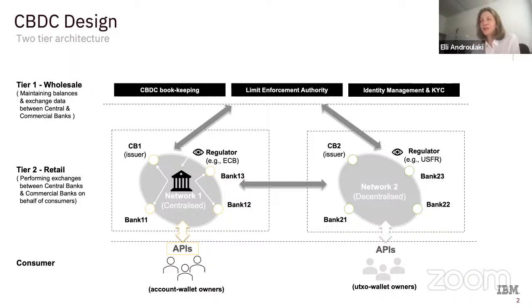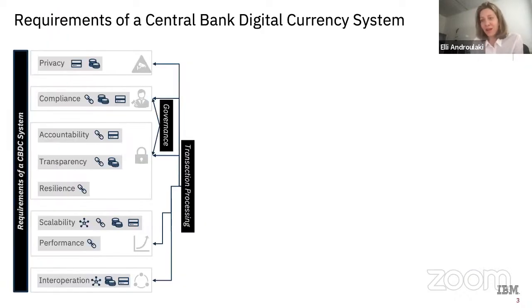Of course, there are a lot of requirements. I already mentioned, not explicitly, interoperation as an important one: interoperation between two different central bank digital currency systems, even different partitions of the same central bank digital currency system, but also interoperation between a central bank digital currency system and legacy systems.